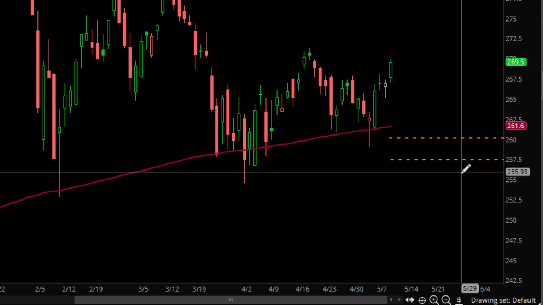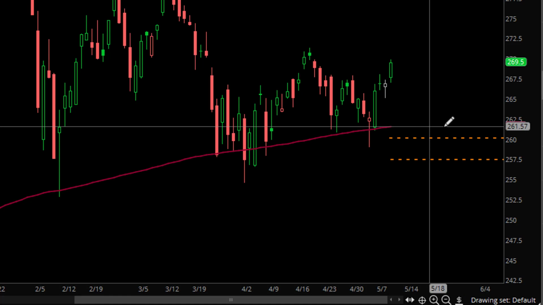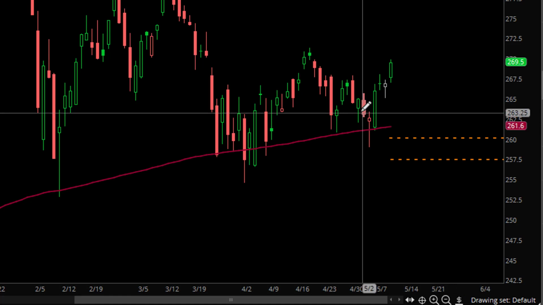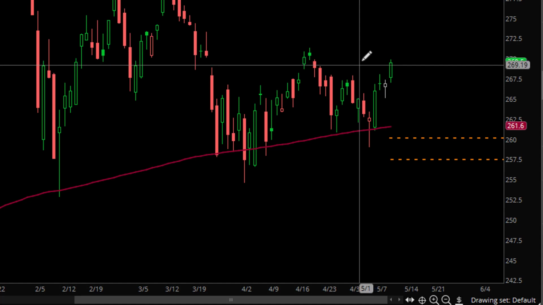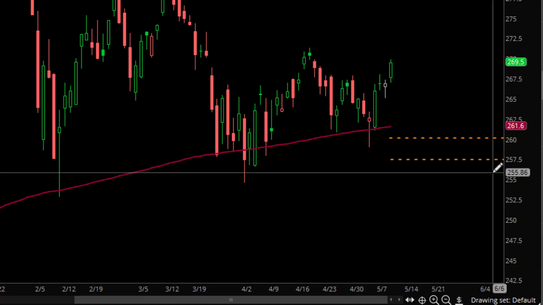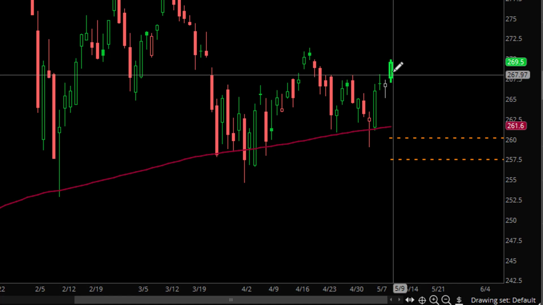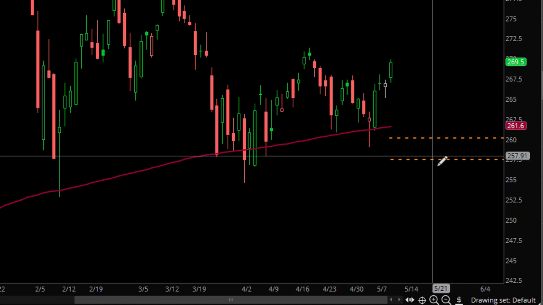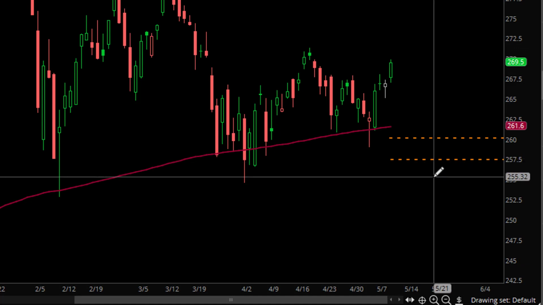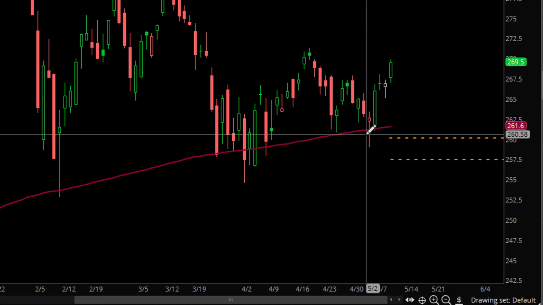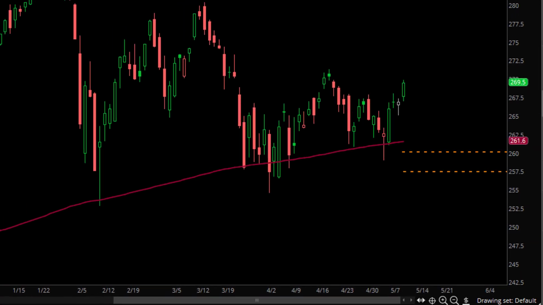I'm going to receive a credit, and the goal over the next week or two or whatever the time frame is, is for the price of the ETF to stay above these levels. If it does, this would expire worthless. Sometimes if the market rallies, it becomes cheaper faster and you can buy it back, and there are all kinds of variations. But in general, the goal is for the market or the stock to stay above the put spread that you sold.